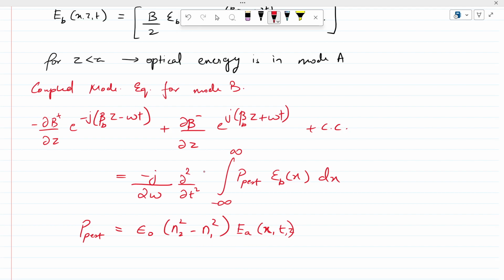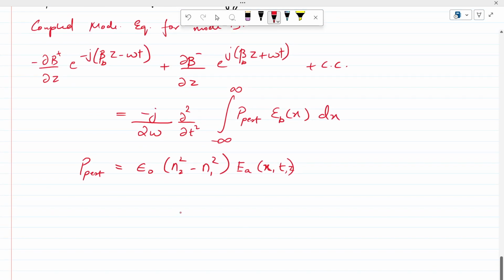So now what will be the coupling coefficient? Just like previously, we can write down the LHS as j times some coupling coefficient times the... okay, first let me write down the RHS. What is EA?